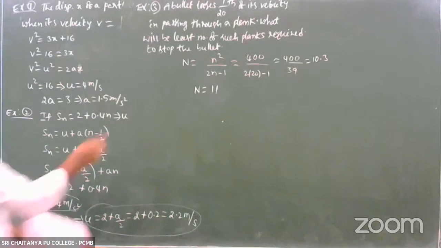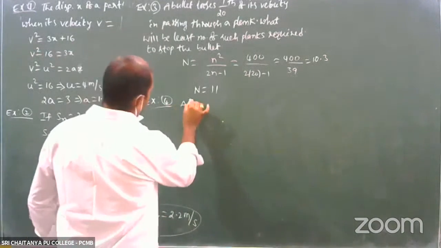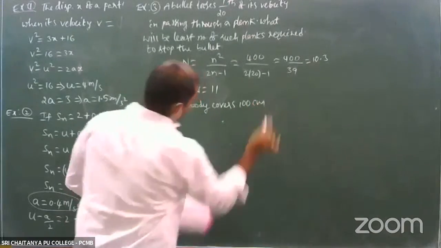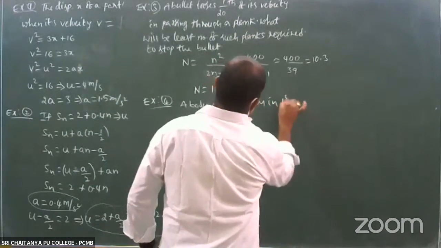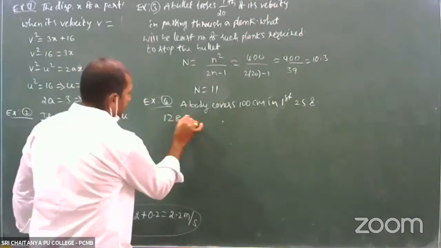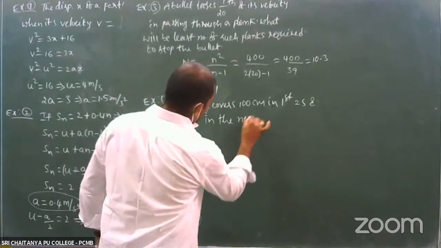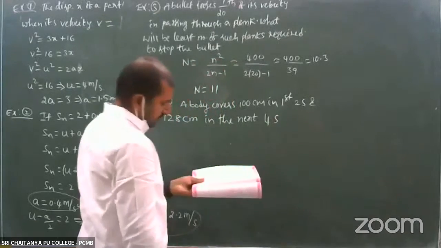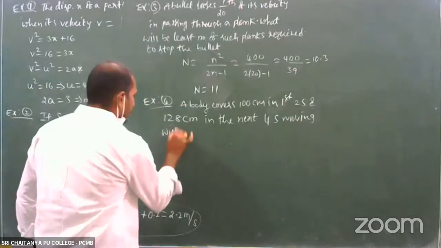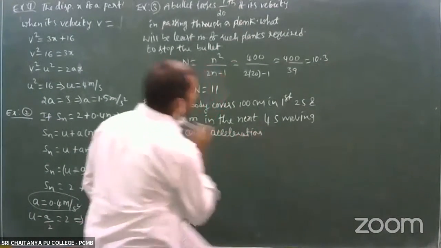Next one. A body covers 100 centimeters in the first 2 seconds and 128 centimeters in the next 4 seconds, moving with constant acceleration.